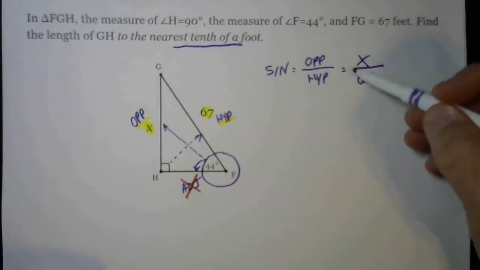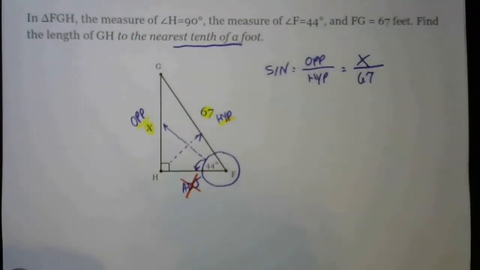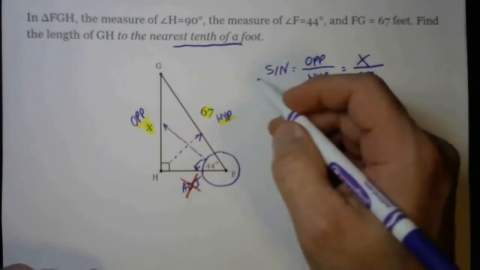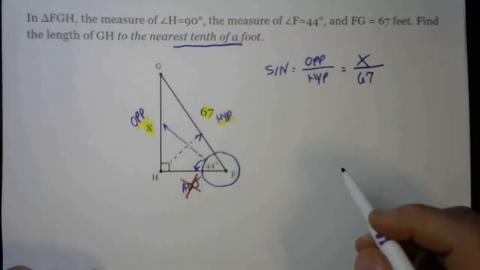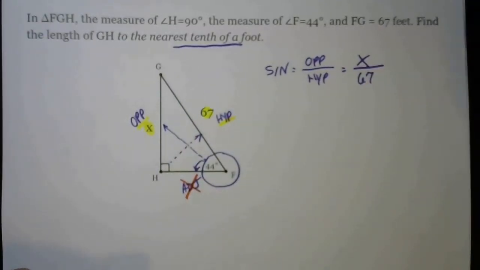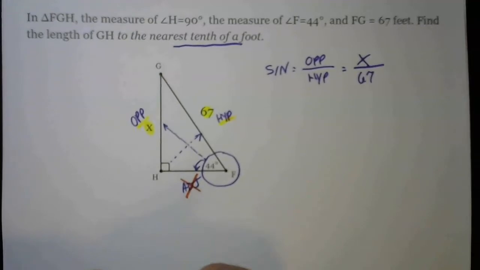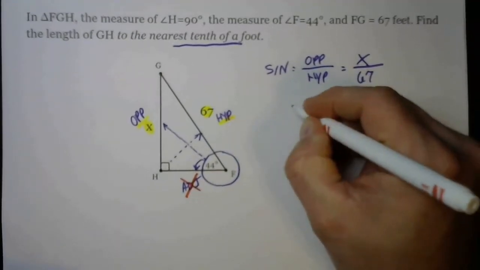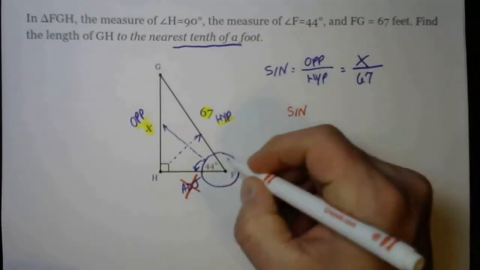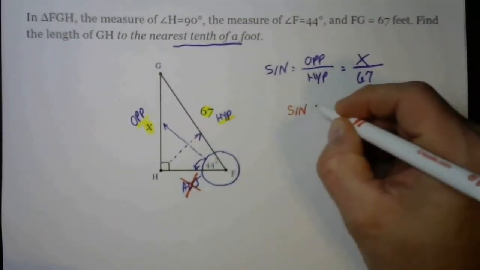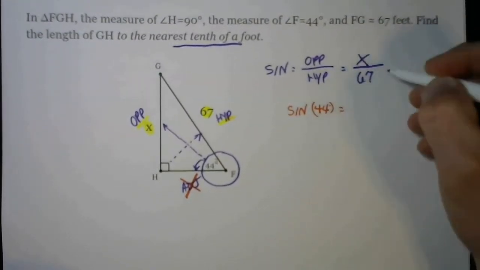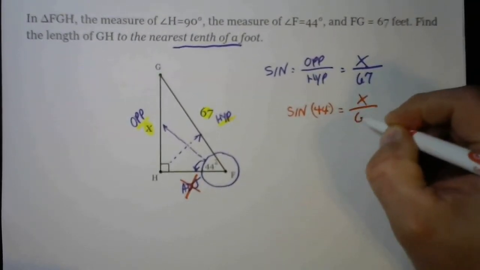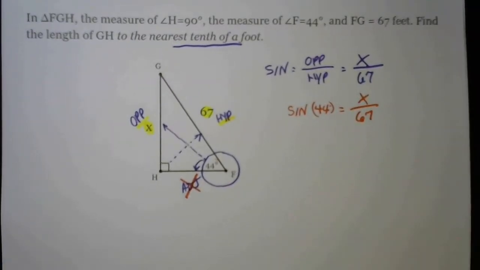So this is the fraction I'm using, this is the trig function I'm using. I would rewrite this in my standard equation form for doing these problems. I'm going to change colors here. So this would be the sine of 44 degrees equals x over 67.